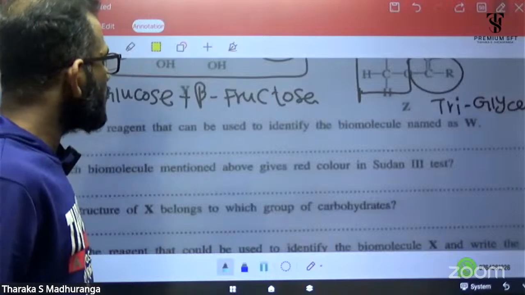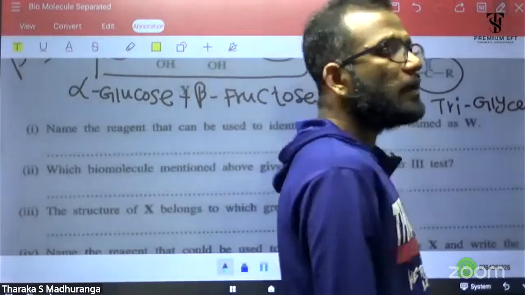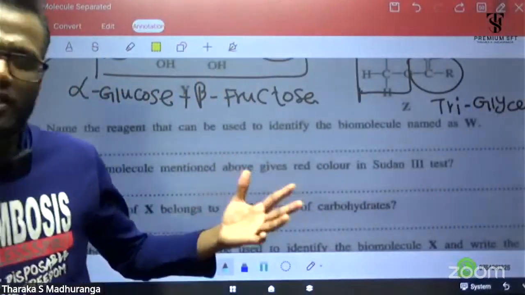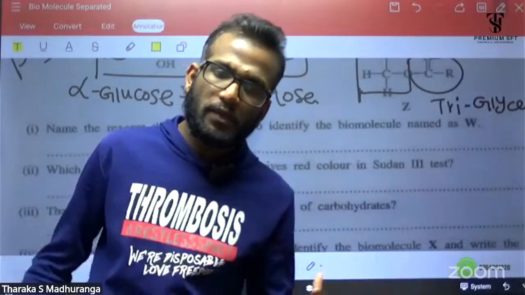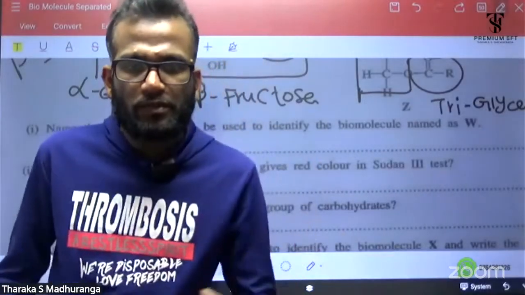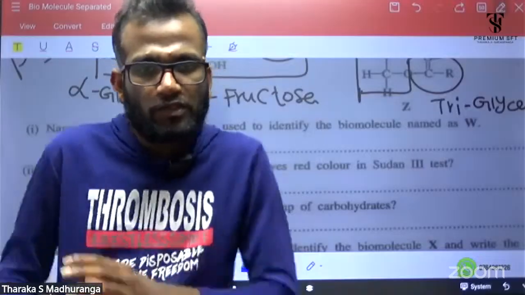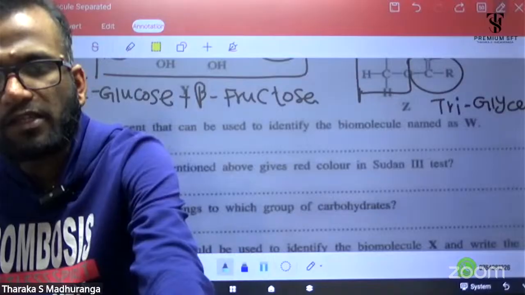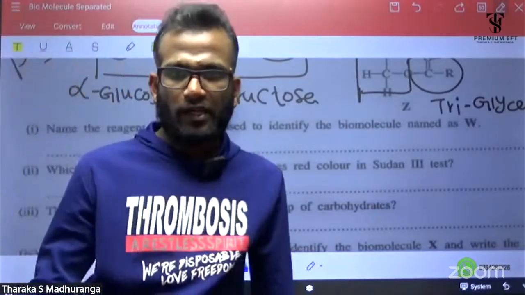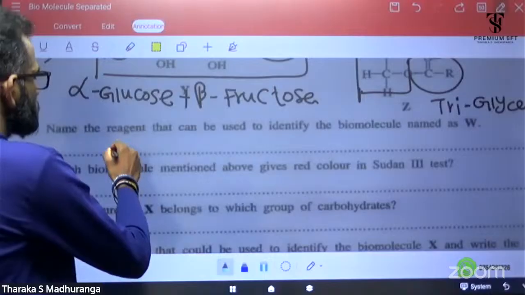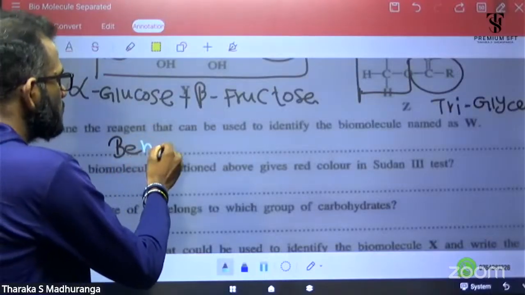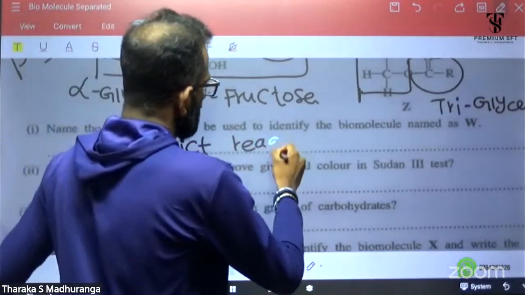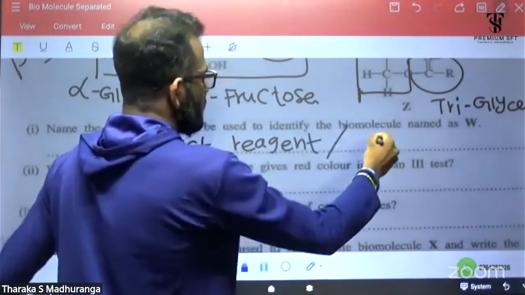Name the reagent that can be used to identify the biomolecule named W. Maltose is a reducing sugar or non-reducing sugar? Maltose is a reducing sugar. Now we can simply identify it by which reagent? Benedict's reagent, yes. Benedict's or Fehling's reagent.